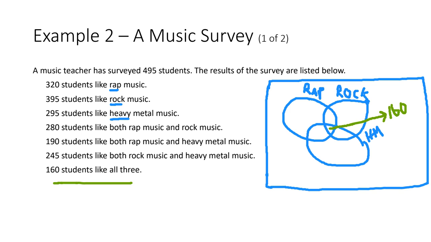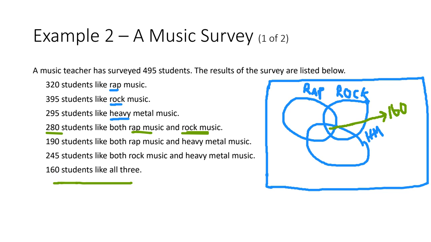So then what we want to do next is, we already took care of this one, so now we can look at the intersection between 2 circles. Let's look at rap and rock, for example. If we read all the sentences, the one that talks about rap and rock is this one here. They tell us that 280 students like rap and rock.